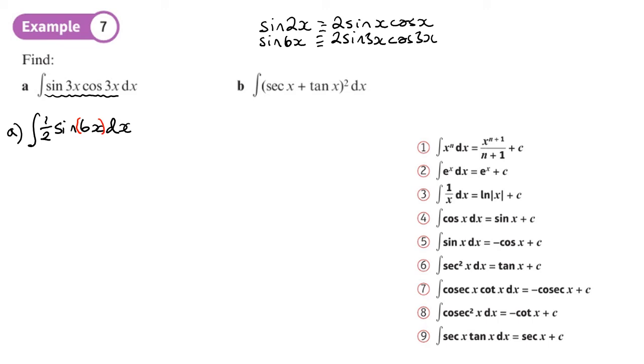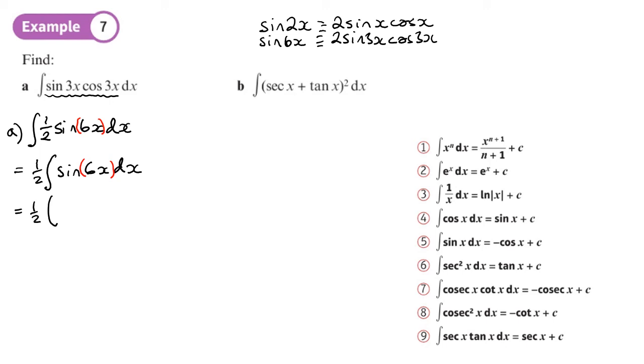There it is, 6x. Another thing we can do is put the half out the way. I always like putting constants over the other side out of the way. It just makes things a little bit easier, and then you can just concentrate on the integration. So it's going to be half of what I get when I integrate sine 6x.